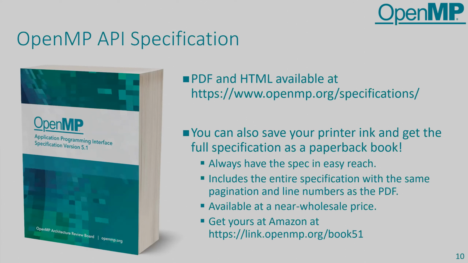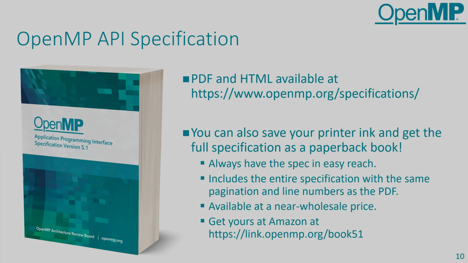All right, so I'm going to inject a quick commercial break, if you will. If you want to have access to the OpenMP specification, we've been publishing it for pretty much the beginning of time as a PDF through openmp.org.